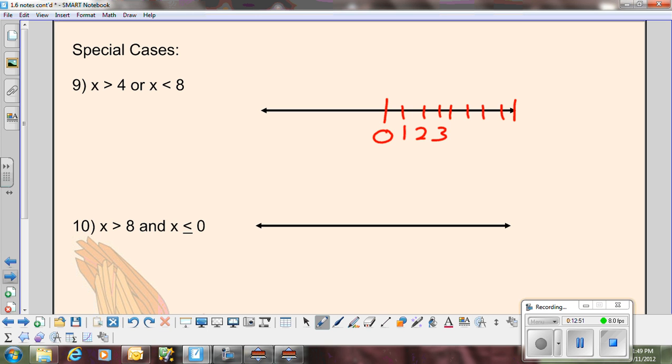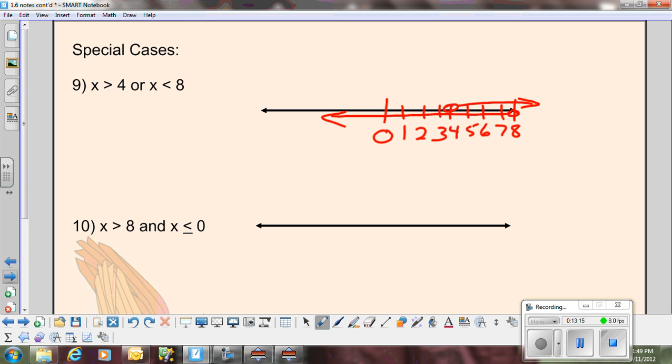Should have started over a little farther. Okay, I have an open circle at 4. And I'm going to go right. I have an open circle at 8. And I'm going to go left.